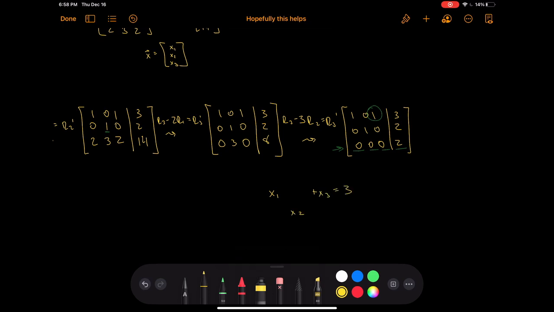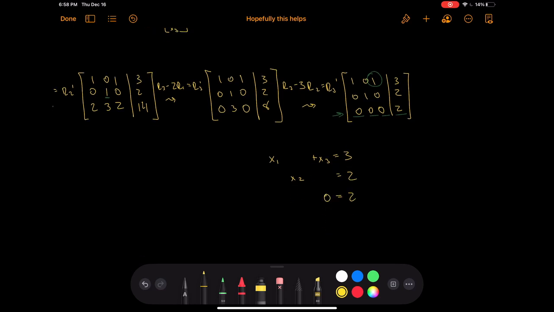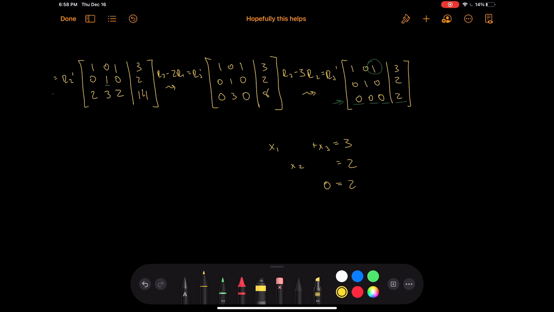Then we have x2 is equal to 2. And then here we have 0 is equal to 2. And we know that's not true. 0 is definitely not equal to 2. And so this is where we can conclude that this system has no solutions.